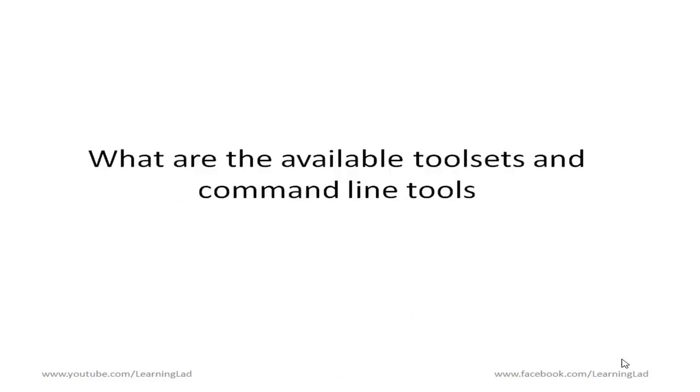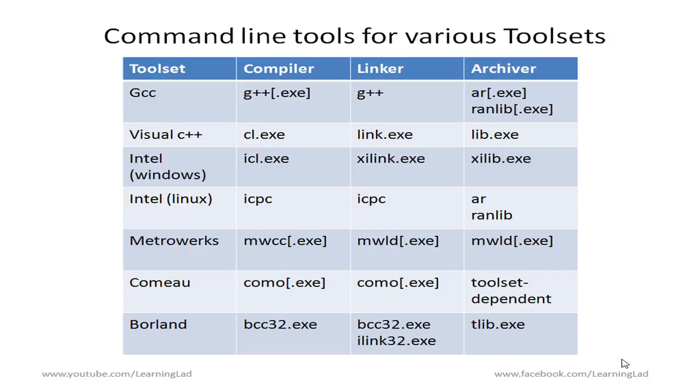Okay, now we know how C++ works, or the procedure to get the application or the executable from a C++ source file. What are the available toolsets and command line tools that we can use to do that? If you select the GCC toolset, then you'll get the g++ compiler, g++ linker, and also ar or ranlib archiver.